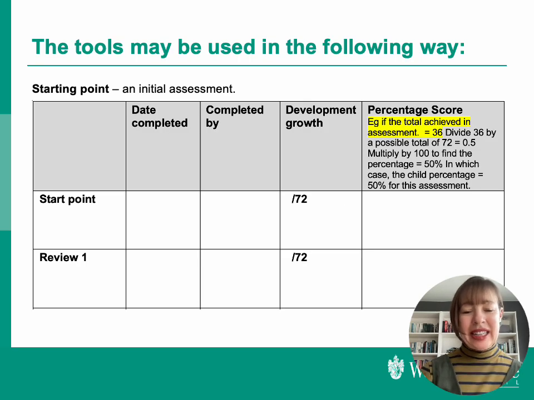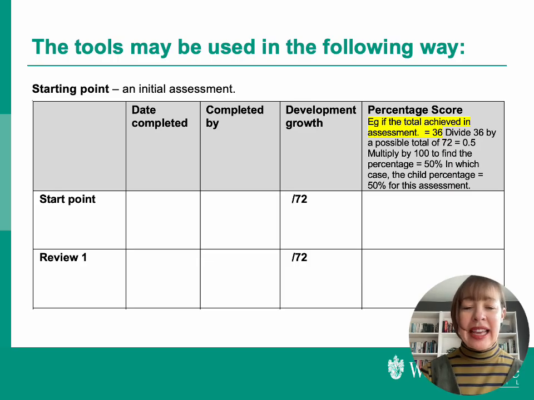So your initial assessment is listed as your start point. So you put the date completed, who it's completed by, and the development that you have seen, and you put it as a score. So the scores are self-evident on the sheets, where emerging is a score of 1, supported is a score of 2, and independent is a score of 3.